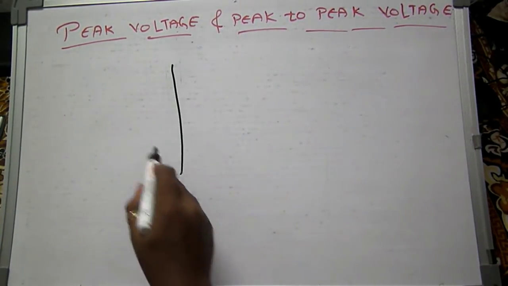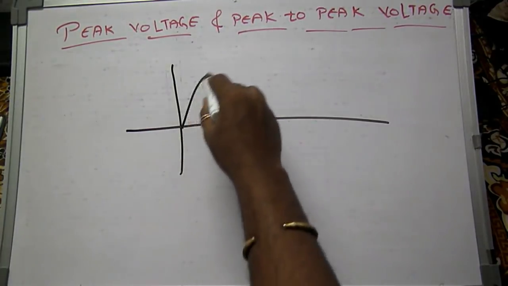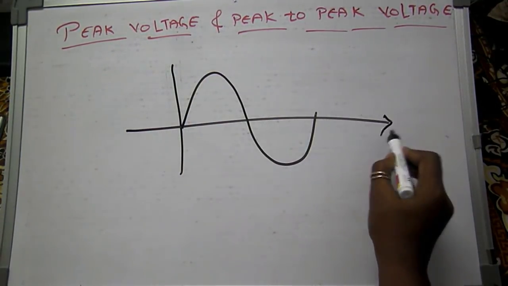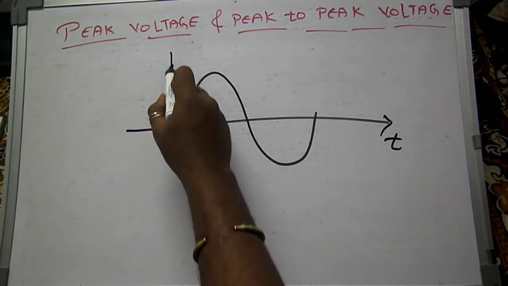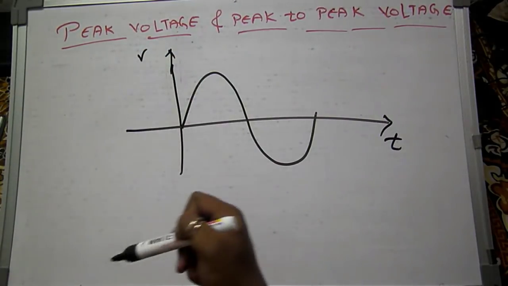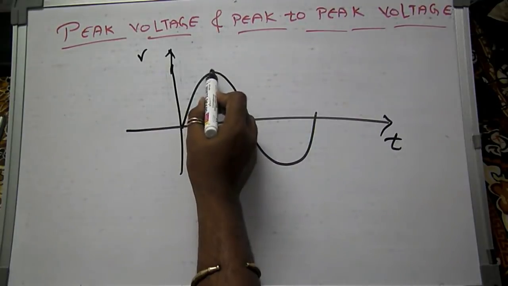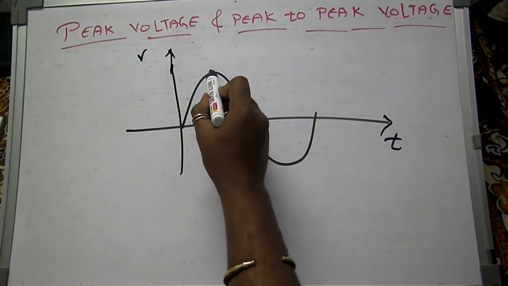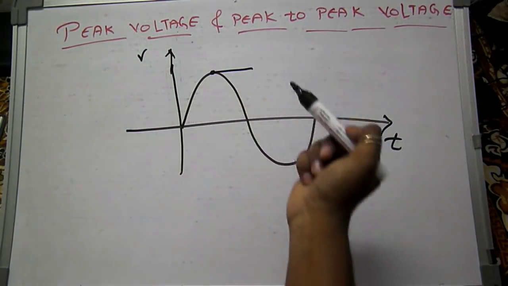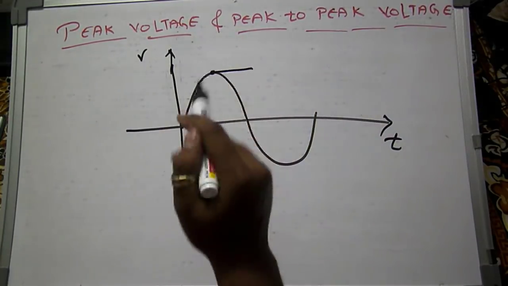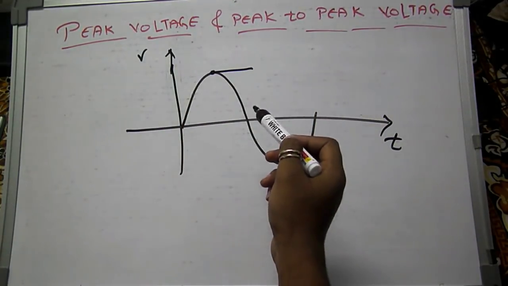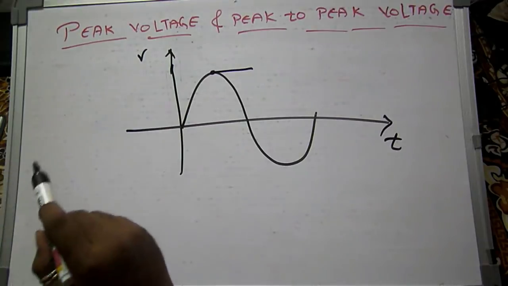Suppose we have a waveform of AC like this. This is our time axis and this is the voltage axis. Then this point in the waveform is the peak value, that is peak voltage. If we are calculating voltage, then it is peak voltage. If we are calculating current, then it is peak current.